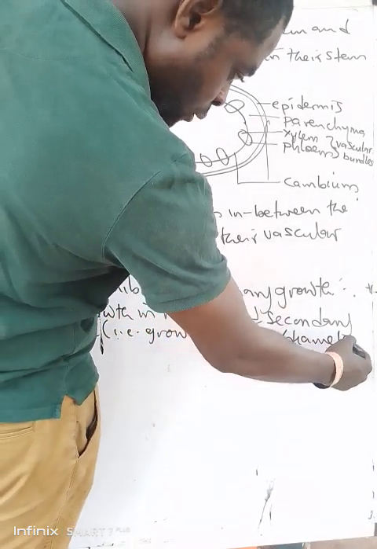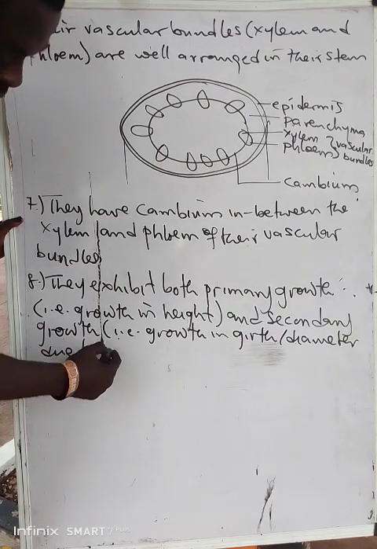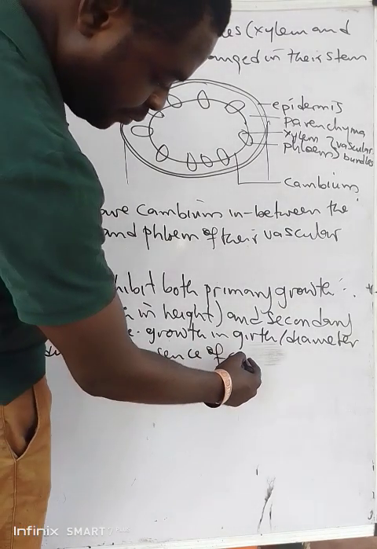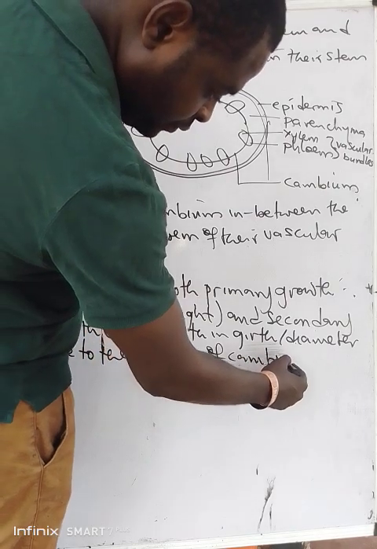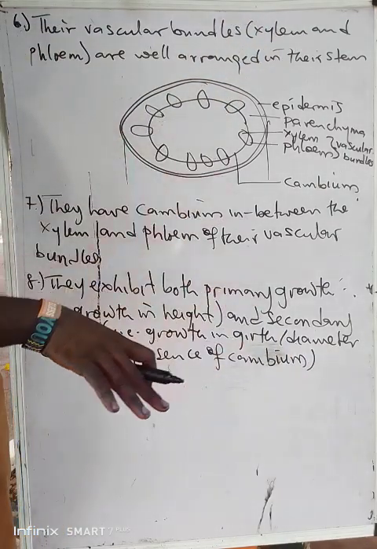What makes it so? Due to the presence of cambium. So they have cambium that can make them grow in diameter.